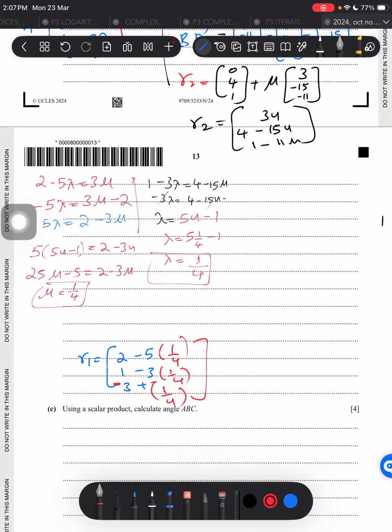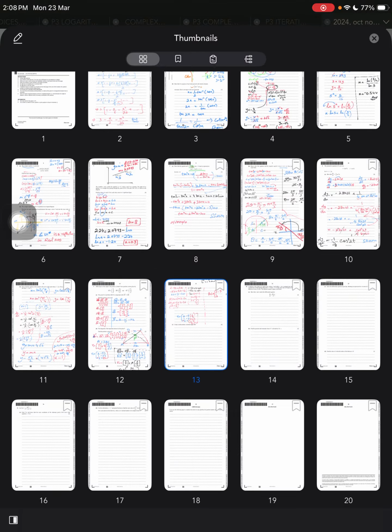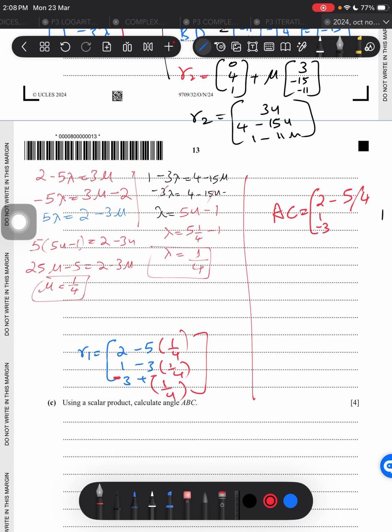So you'll get the final answer as, I'm just directly writing the final answer. Instead of R1, I can just write now that it is AC. Okay, let me just take one more baby step. And this would turn out to be negative 5/4. And this would turn out to be negative 3/4, and the last one will be 1/4.